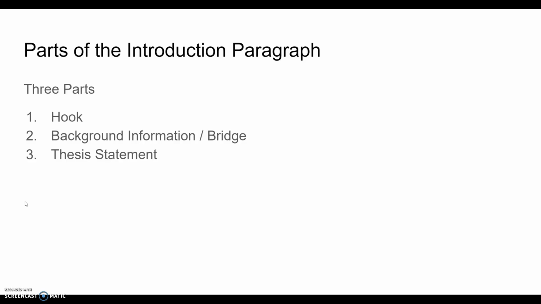The hook is going to be something interesting, like an interesting fact, an interesting statistic, or maybe an interesting question. After the hook, we have the background information or bridge, which connects the hook to the thesis statement. The thesis statement is the main idea of the essay. This is the last sentence in the introduction paragraph.